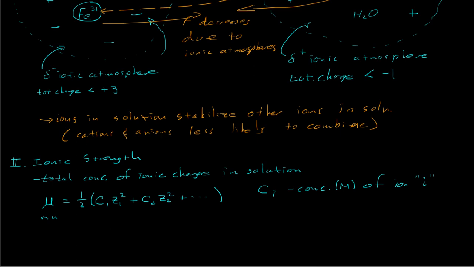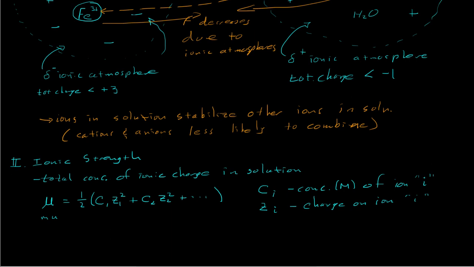And we just add all these up for all of the ions that are in my solution. Zi is the charge on that ion. So it might be +1 for a sodium cation, or +3 for our iron ion up here, or -1 for the thiocyanate. Whatever the charge is, we're going to be squaring that charge, so that will get rid of the plus and minus signs for us.